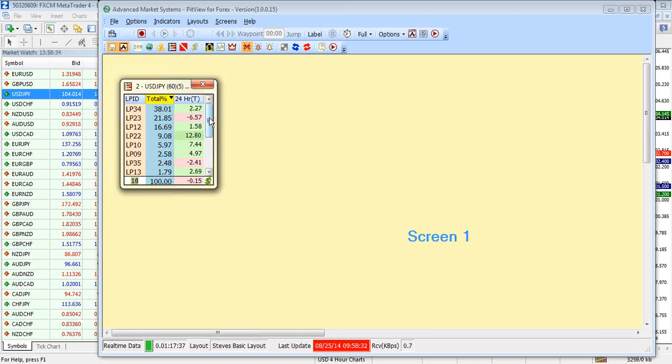Now you see here, when you're looking at something like dollar yen, when you're looking at the total percentages, a lot of times when you're going back 24 hours and more, looking back 1, 2, 3 days, since you're looking at all the market maker activity for a 24-hour period, you're not going to see huge buy and sell imbalances occur, because the longer the time frame you look at, the more market makers or liquidity providers want to try to get back to 50-50, if you will, over the long term.